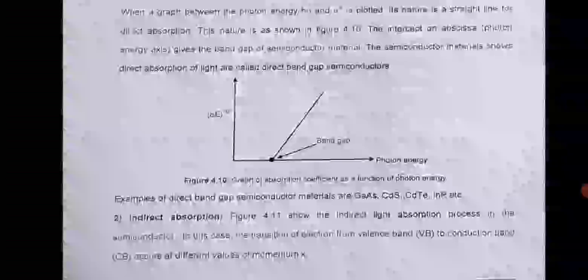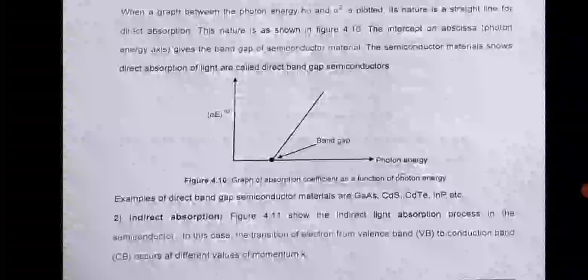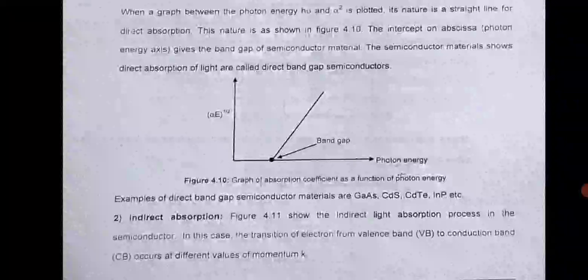So the graph shows photon energy h nu versus alpha square, the absorption coefficient squared, and its straight-line nature gives the band gap of the semiconductor material. A material that shows direct absorption of light is called a direct band gap semiconductor.